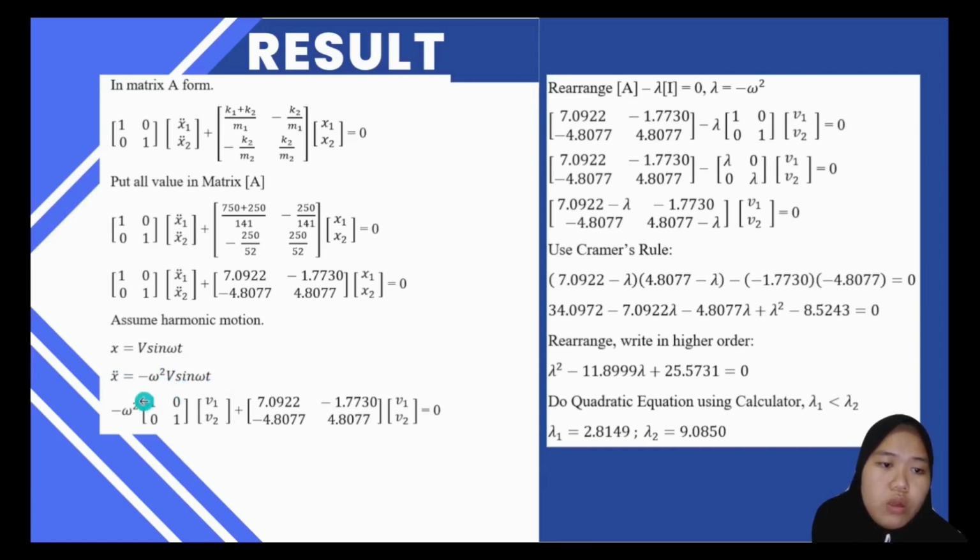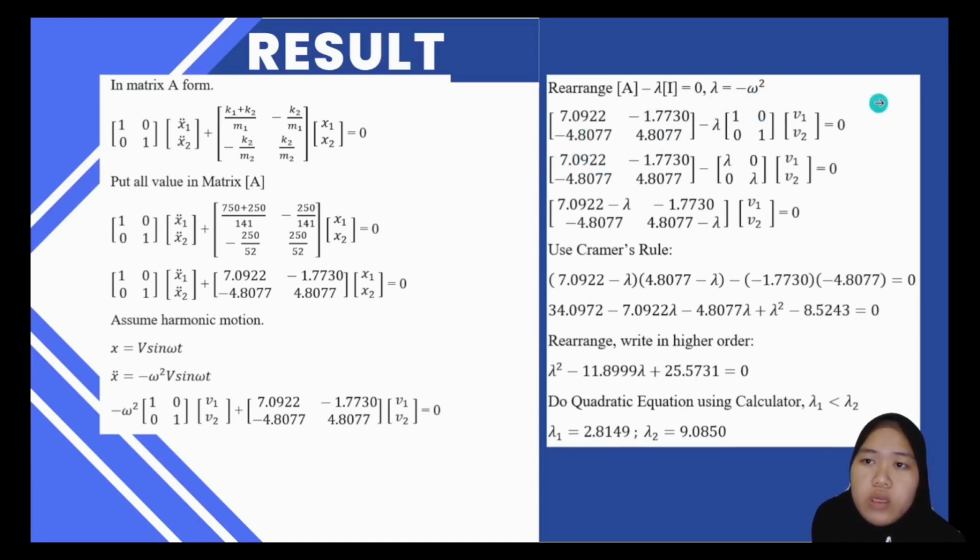Then we put it in. Since we assume this is harmonic motion, we will be using this matrix. Then rearrange: matrix A minus lambda matrix I equals 0, where lambda is equal to negative omega squared.